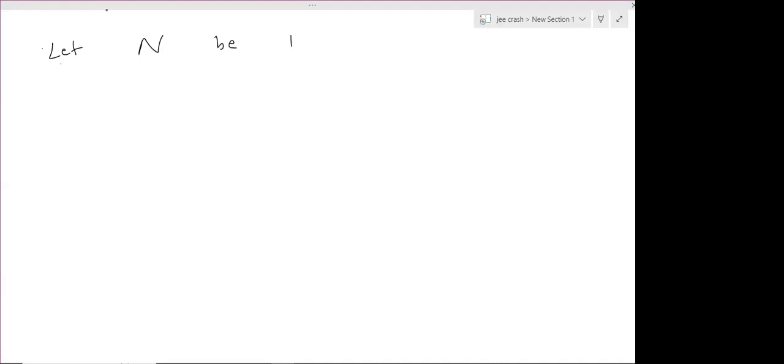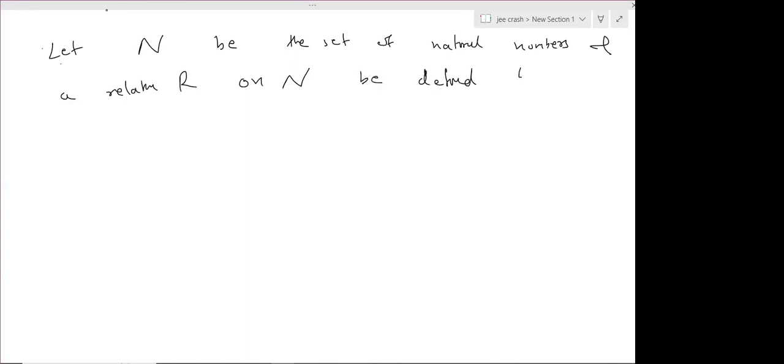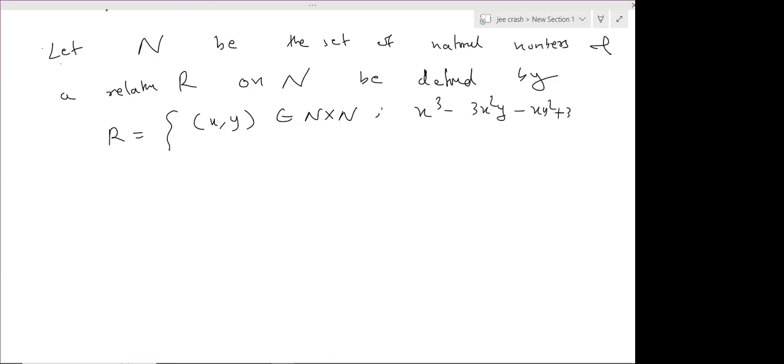Let N be the set of natural numbers and the relation R on N be defined by R equals (x, y) belongs to N cross N, such that x cube minus 3x square y minus xy square plus 3y cube equals 0.